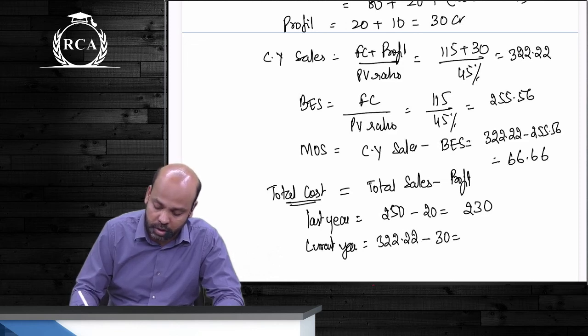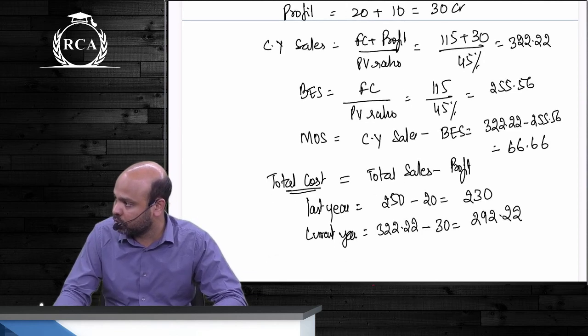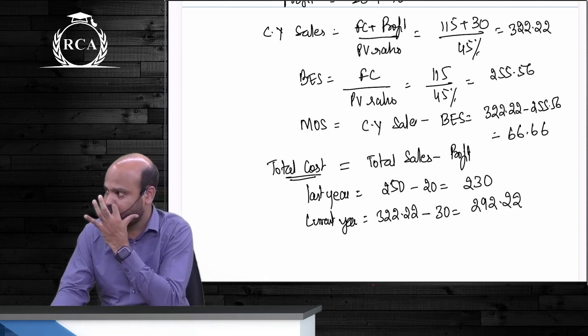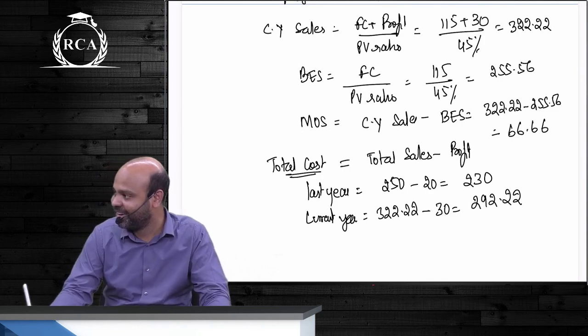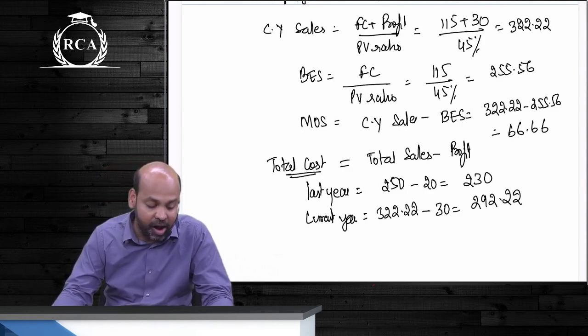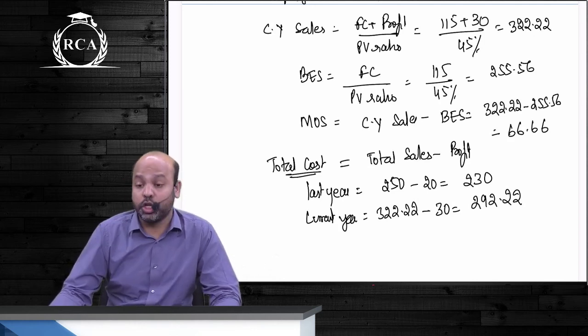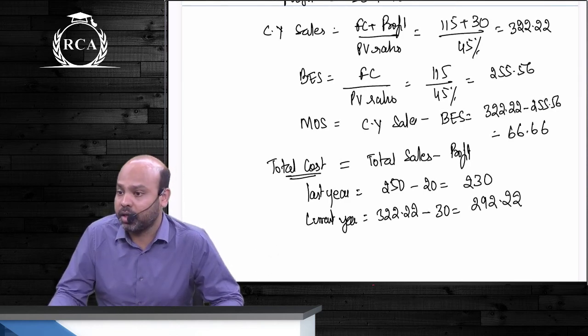Profit 30. Total cost 292.22. ऑप्शन में देख के बोल रहा हूँ. 230 beta is your total cost for last year. 292.22 is your total cost for the current year.